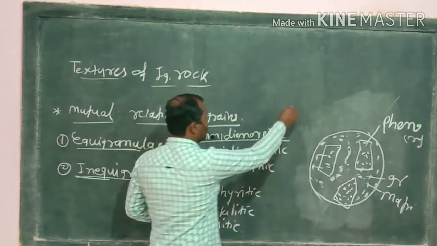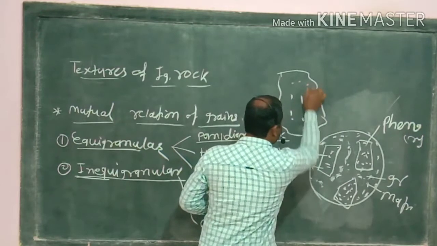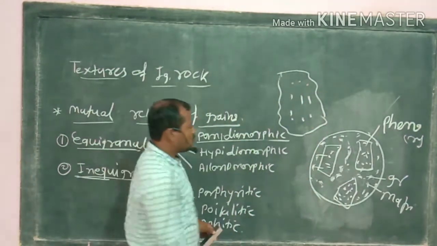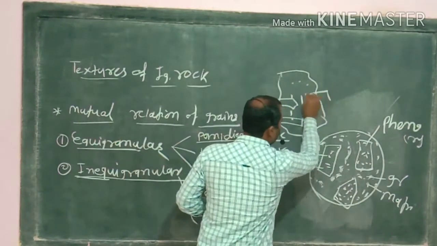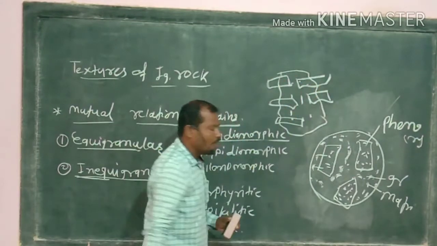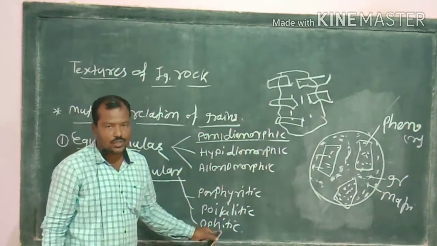Means augite grains are larger. This is the augite grain. In that augite grain, smaller laths of plagioclase are enclosed. This type of texture is called an ophitic texture.